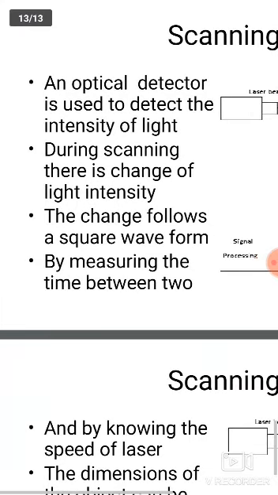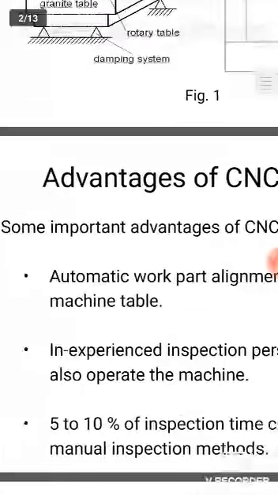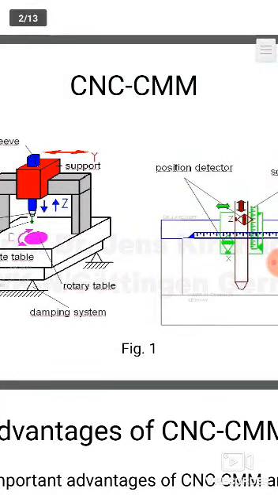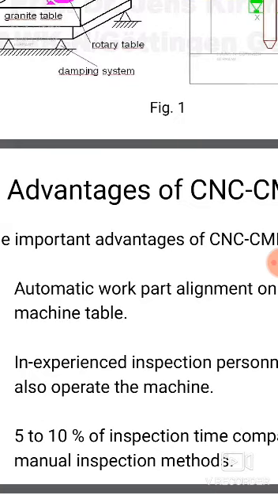So today we have seen CNC CMM; its definition we studied in the last class. So this is the CNC CMM machine. Next, we have seen the advantages of CNC CMM. Next, limitations, which are nothing but disadvantages.